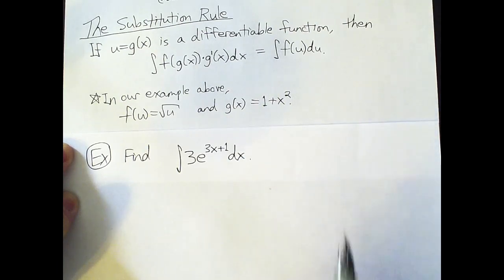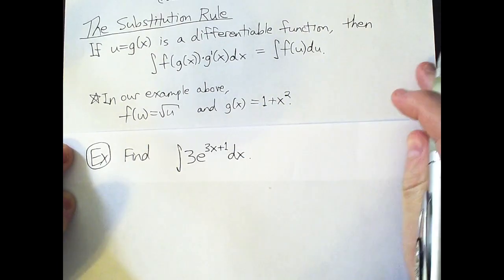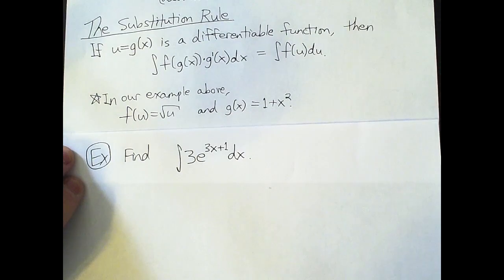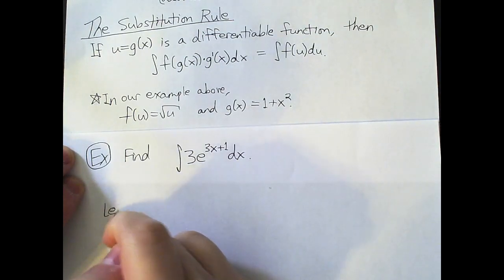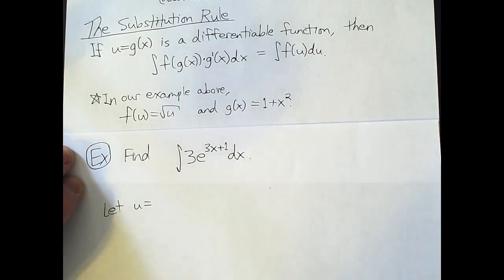All right, I'm going to do this for us. If you think about what we did in the previous one, I said the trick is to introduce a new variable called u. And we did that by letting u equal part of the original problem. So we're going to do that again. We're going to let u equal some part of this.